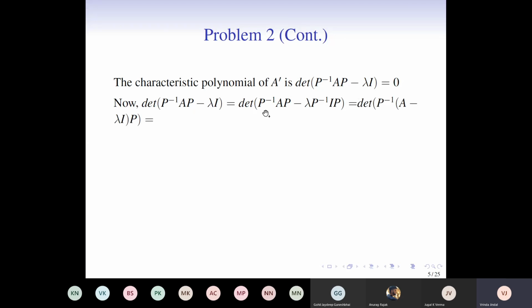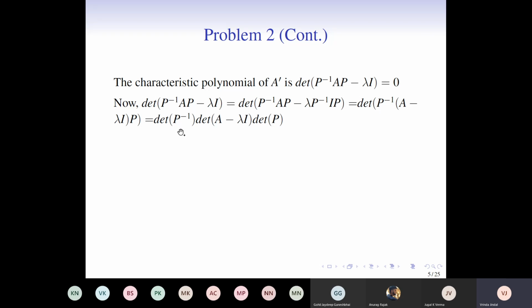From this, it's just like A minus lambda I has been pre-multiplied by P inverse and post-multiplied by P. On the left hand side it's multiplied by P inverse, and on the right hand side by P. So we get the determinant of P inverse times A minus lambda I times P equal to 0.